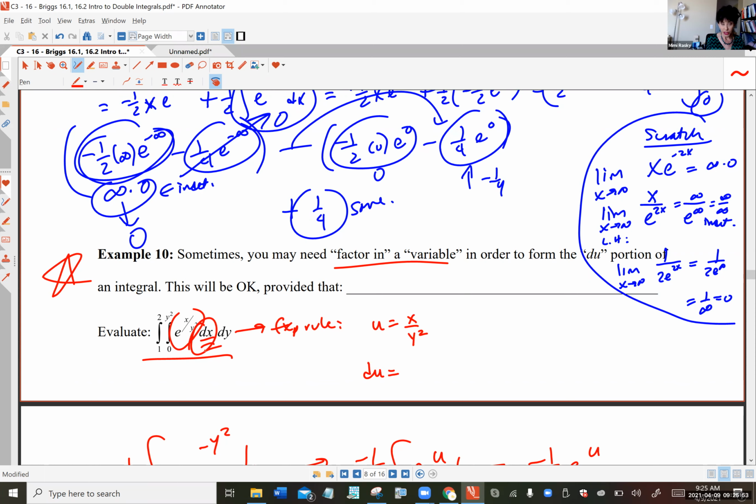When you differentiate x over y squared with respect to x, you get 1 over y squared dx. But I don't see a 1 over y squared hanging around in the integrand, and I need it. Otherwise, I can't move forward. So even though that's a variable, can I stick a 1 over y squared in the integrand?